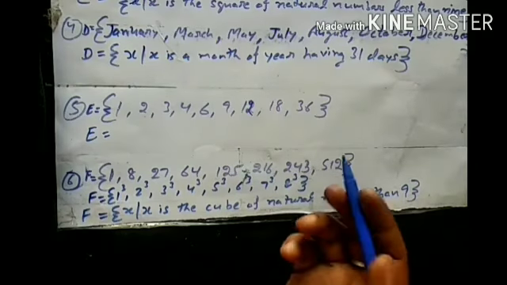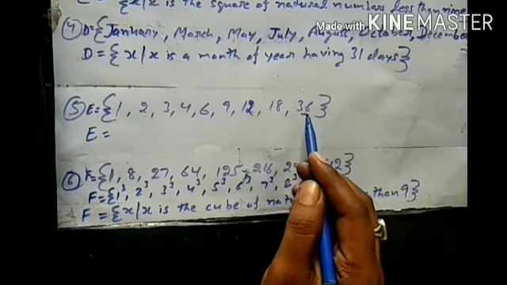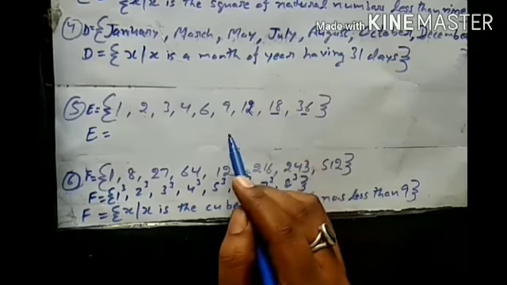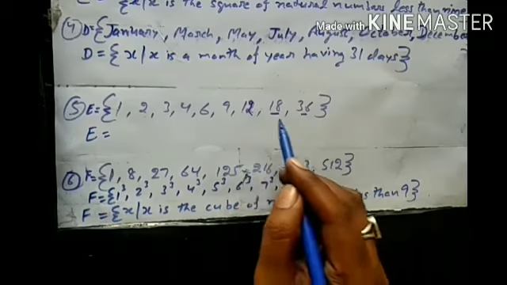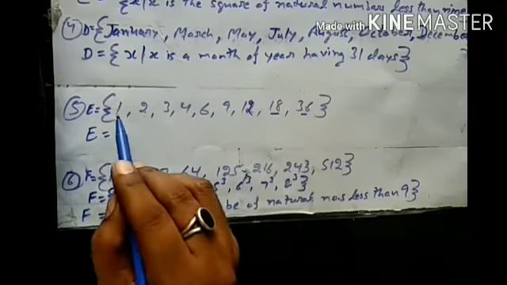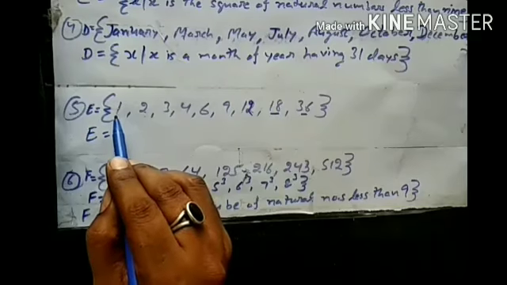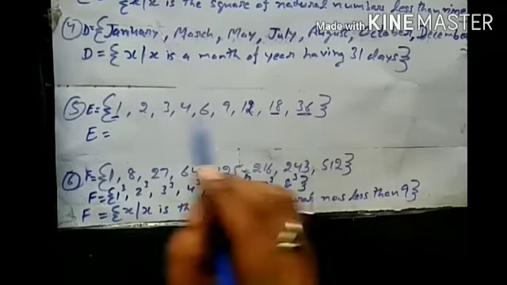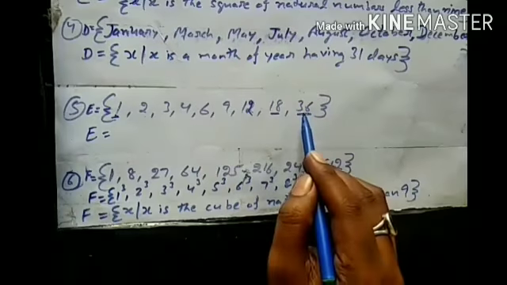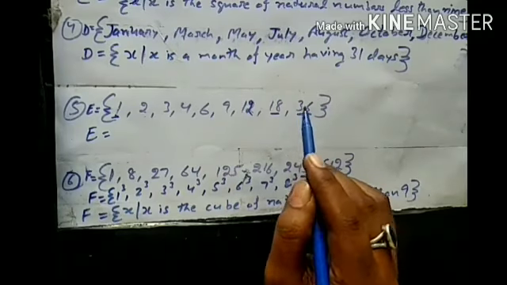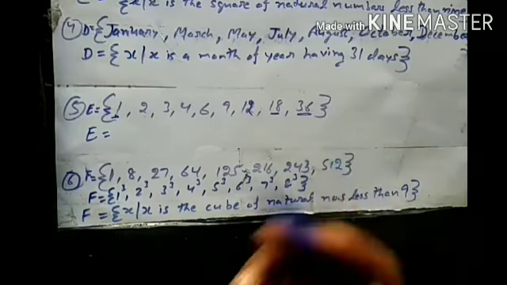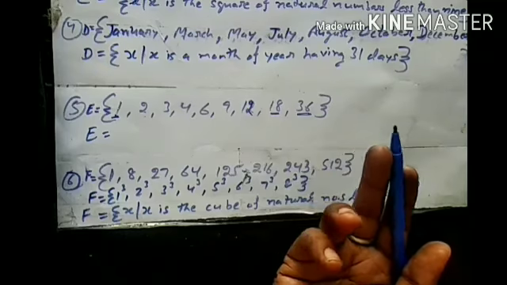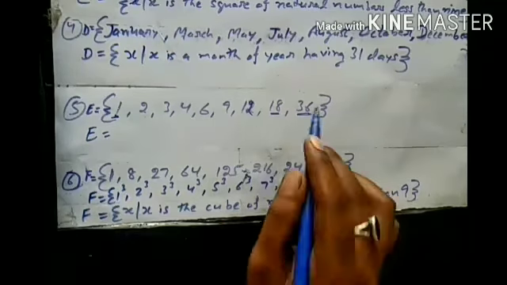Now I will start from 1. If I take 1, the smallest number, and this is the greatest number, you will see 1 divides 36. 1 is a factor of every number, therefore 1 divides 36. So 1 divides 36, that is okay.